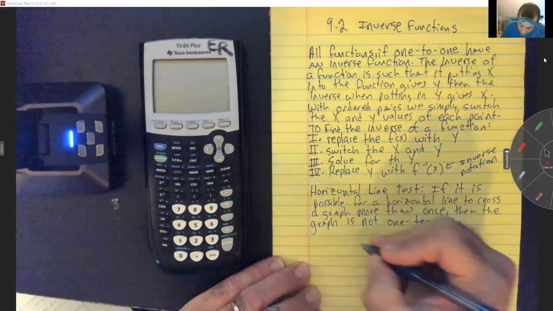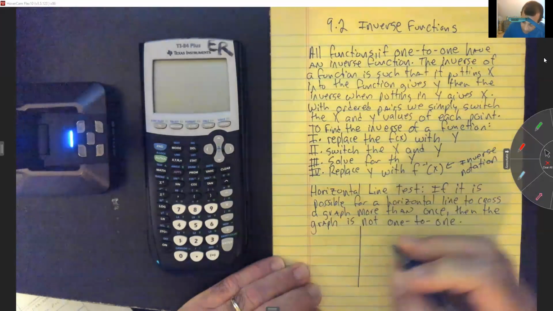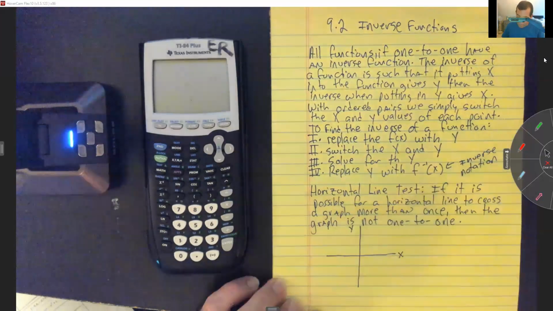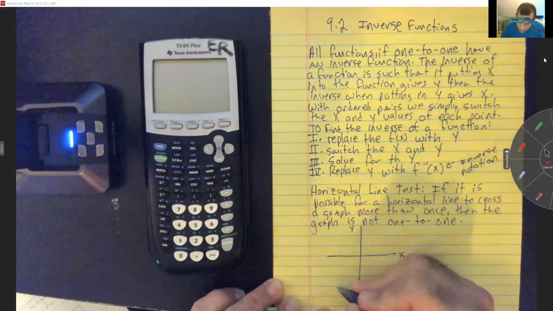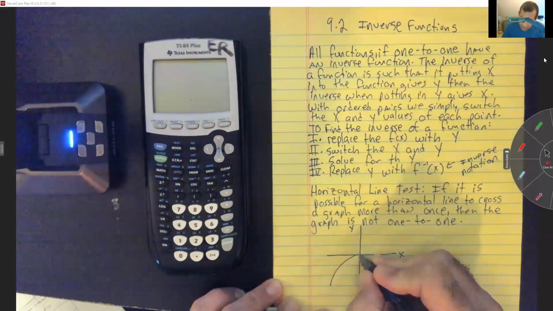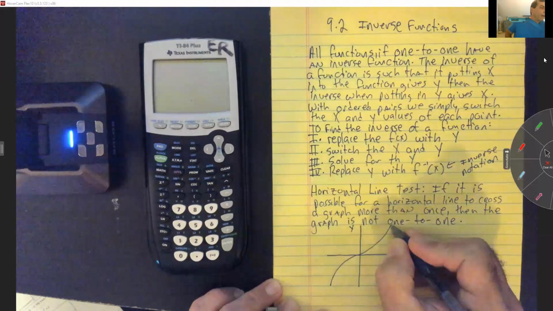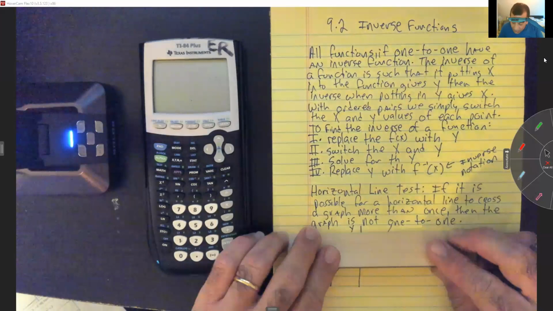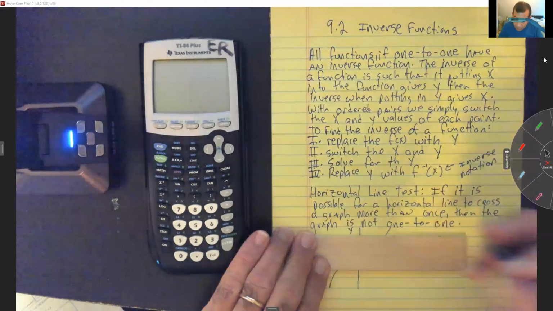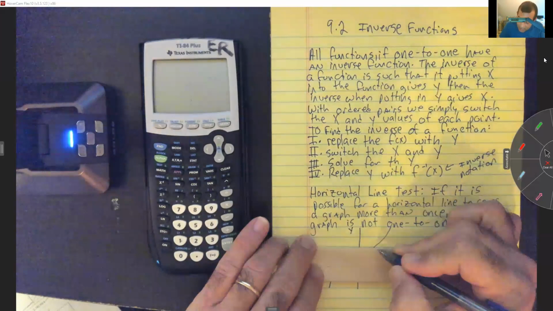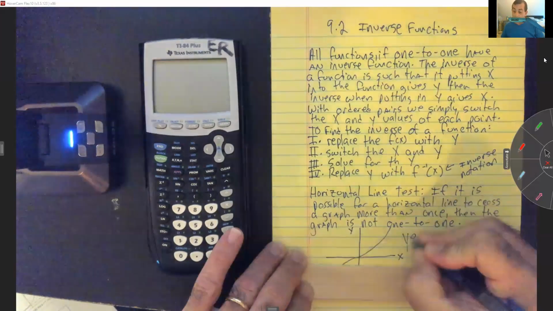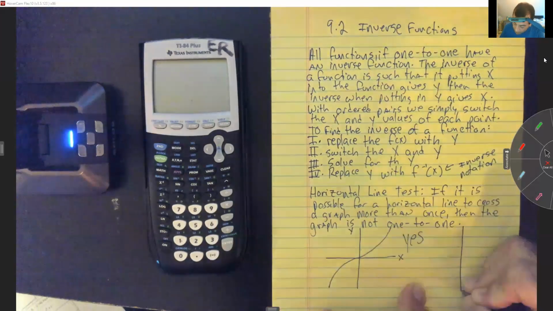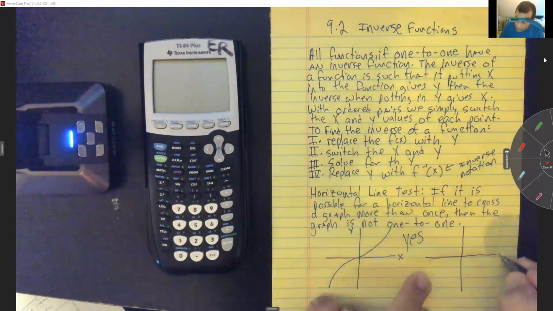So let me draw something here. I'm just going to draw a little graph that sort of comes up, goes through the middle, and then goes up. So if I was to run my horizontal line down this, it only hits my graph once everywhere I go, which means, yes, this graph would definitely be one-to-one. Now I'm going to draw another one real quick.